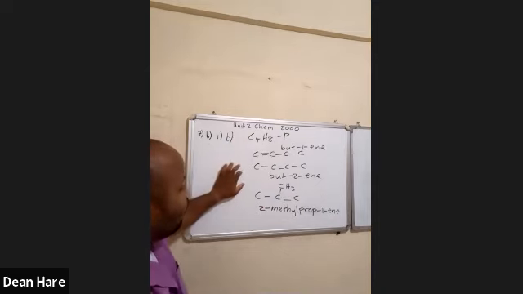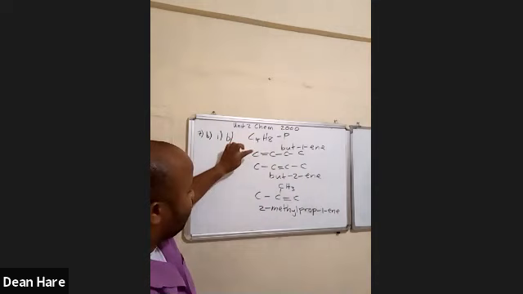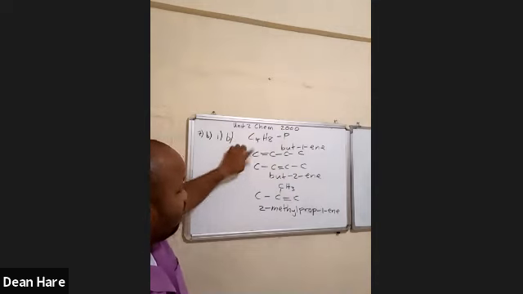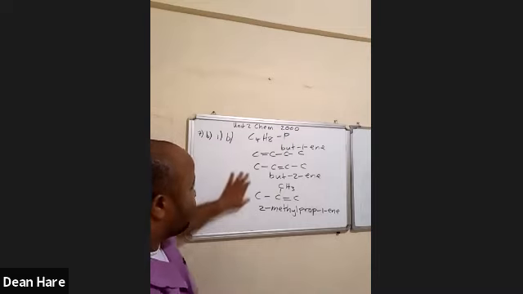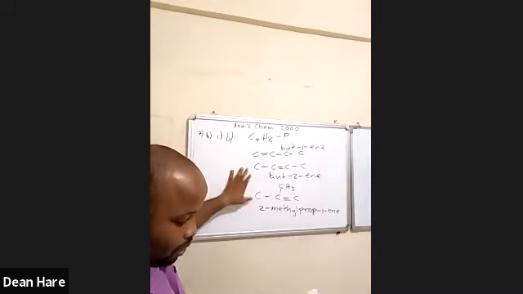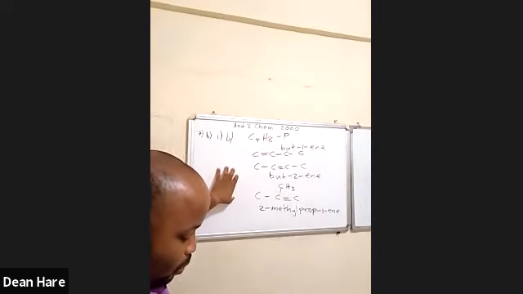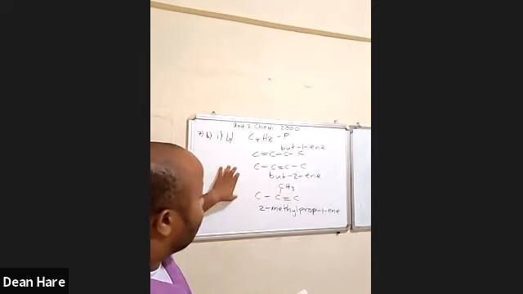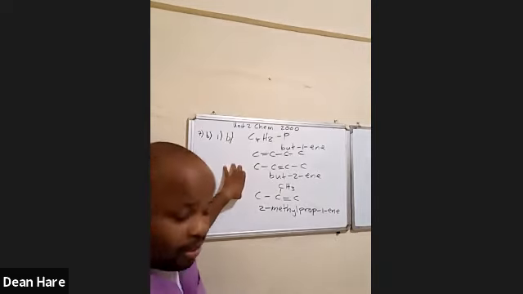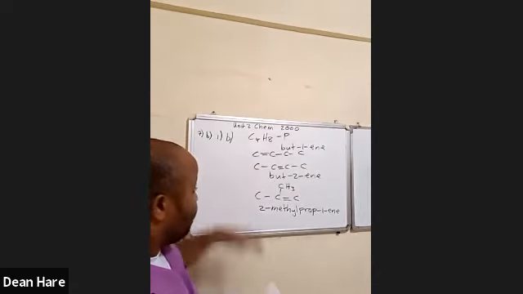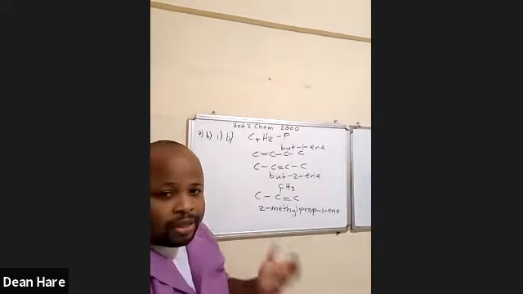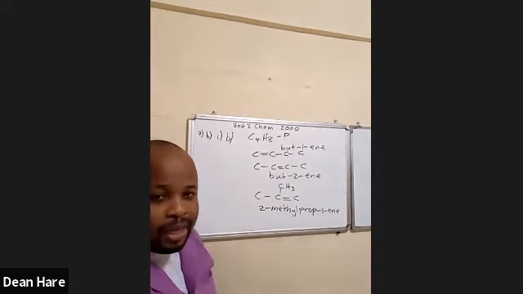Now it says Q is an isomer of P. That means one of these structures is compound Q. How are we going to figure out which one is compound Q? The reason how we're going to figure it out, it tells us that on hydration, compound Q produces two compounds with the molecular formula C4H10O. We know it's an alcohol.